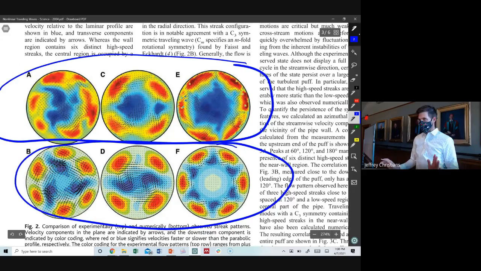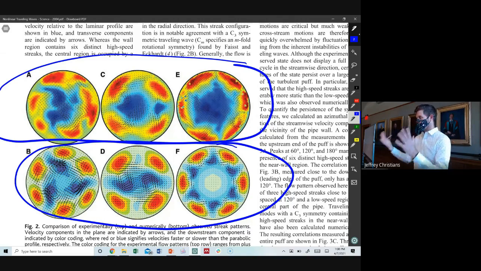The reason a paper like this ends up in Science is because we're starting to get some actual physical insight into how these disturbances are propagating. You can see there's not even perfect correlation between the model and what's actually happening, but it's pretty good.